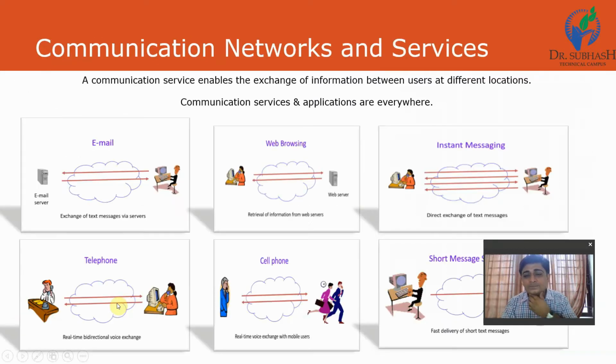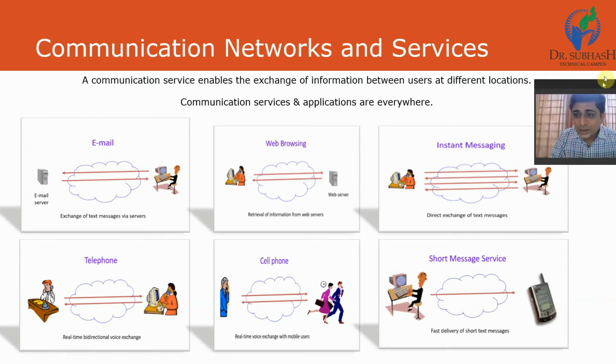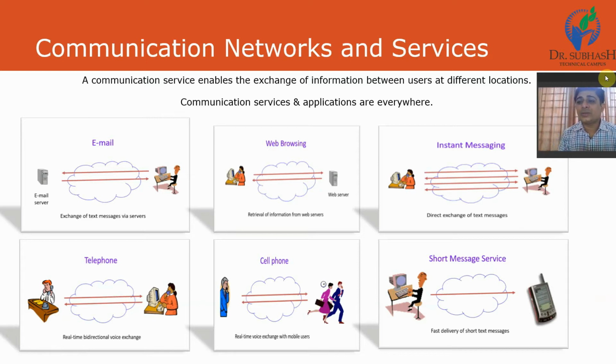Okay, another one, communication network and services. There are so many ways to communicate with each other. So the network provides a facility to communicate with each other, right? So a communication service enables the exchange of information. What is the use of communication service? Exchange of information between users at different locations, right?